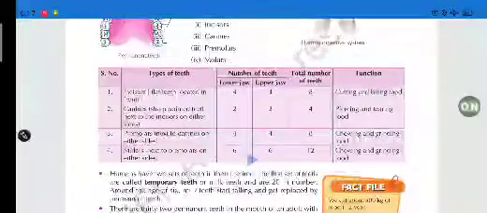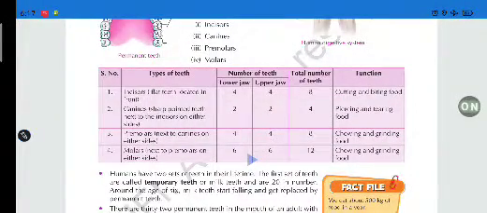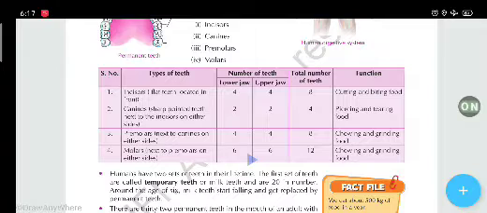Now here we can see the number of teeth in human beings. Students, serial number 1, the type of teeth: incisors, flat teeth located in front.